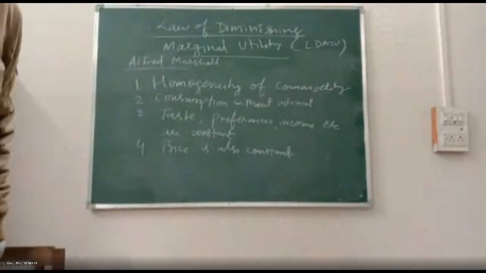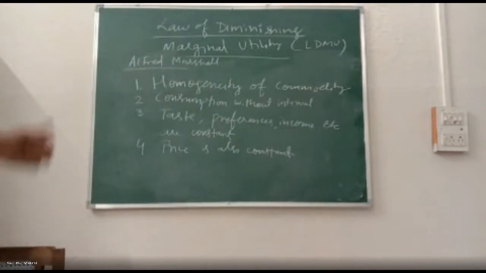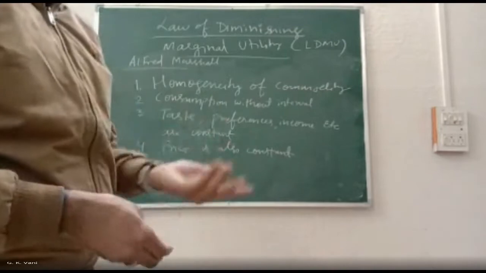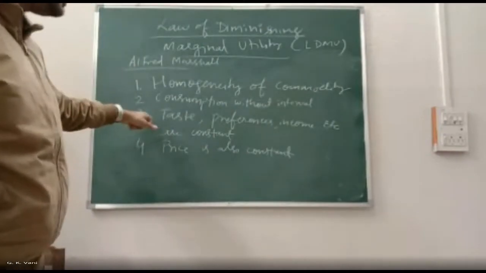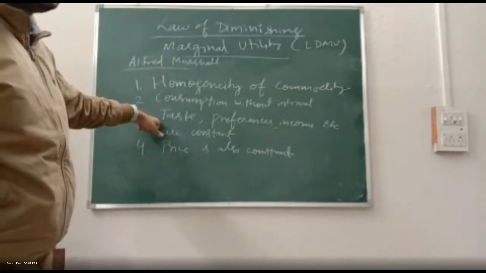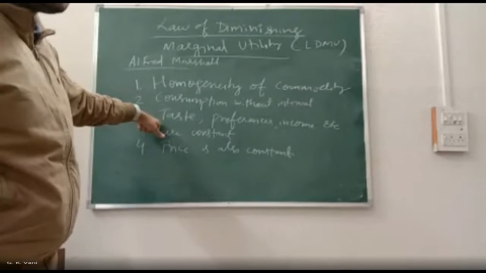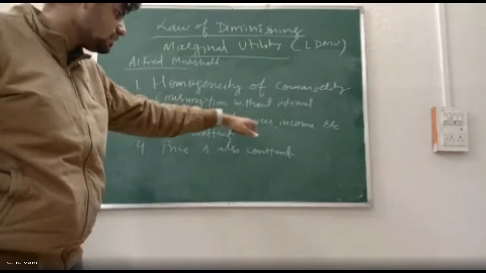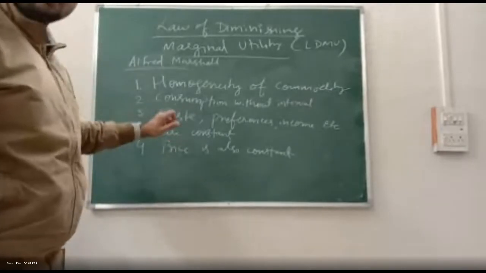Right? So now we all know that marginal utility decreases while total utility increases. Sir, please repeat the third point. The third point means that anything which can affect the utility derived from consumption of the commodity remains constant. So taste, preferences, income, etc. are constant.